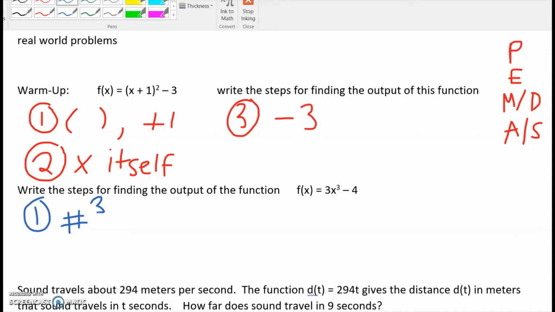No parentheses, so we don't have to worry about that. There was an exponent, we did that. Then we go to multiplication and division. Because the 3 is in front of the x, that tells us that we have multiplication. So the next step is to take the number we get from doing our exponent and multiply it by 3. Once we've done that, we have our last step. We've done our exponent, we've done our multiplication, and our last step is to do our subtraction.